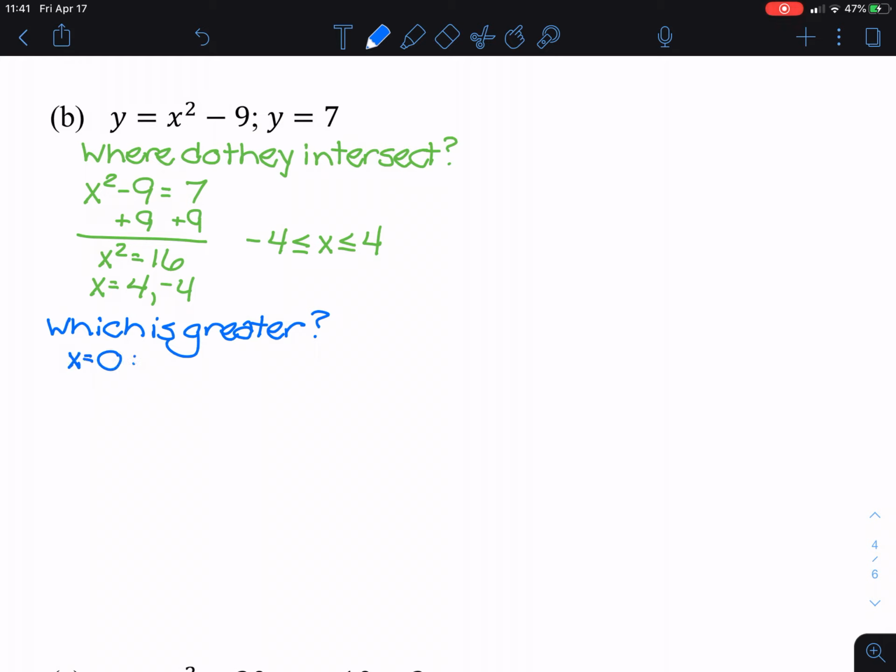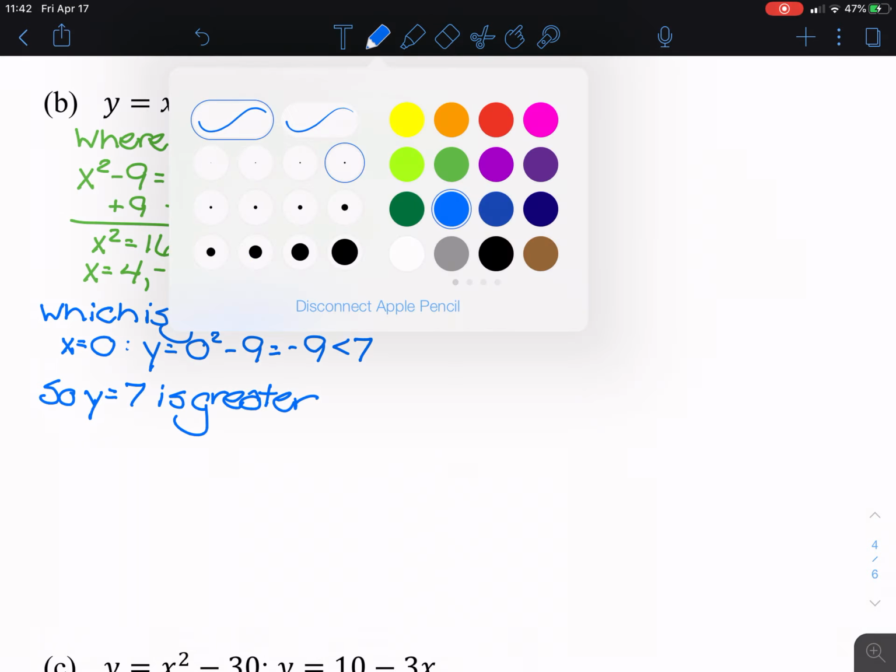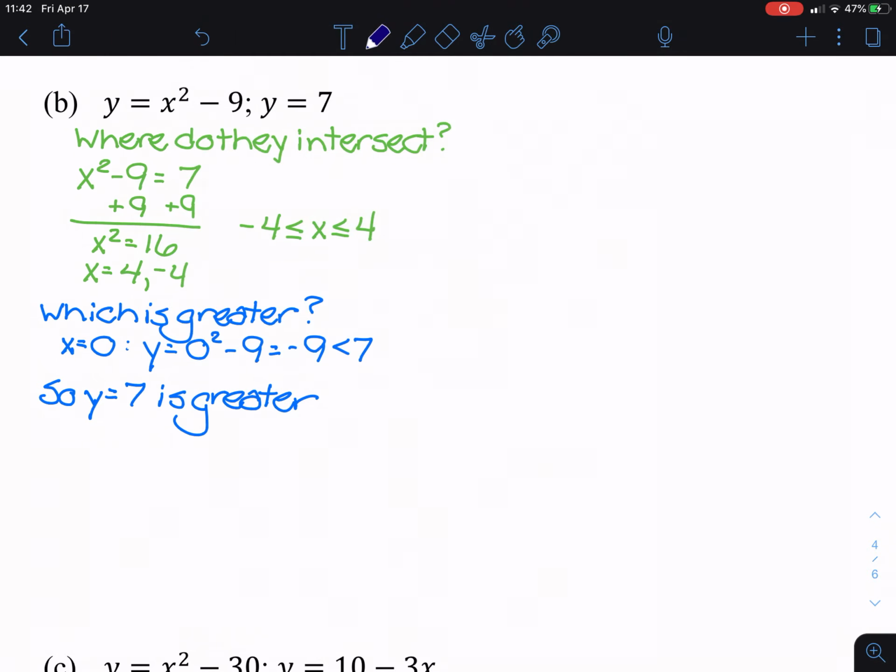When I put x equals 0 into my first equation, y is equal to 0 squared minus 9, which is equal to negative 9, and that is less than 7. So y equals 7 is the greater function. So that one's going to come first in finding my area.